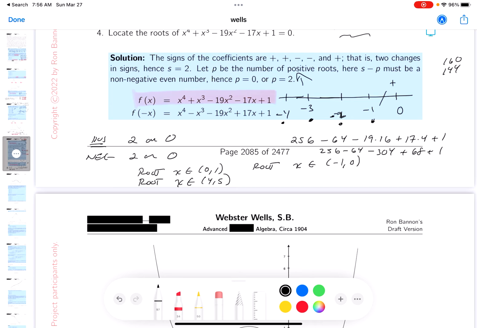All right, let's go to minus 5. Get my eraser out. And again, it's going to reverse directions at some point. 625 minus 125. Let's see, minus 19 times 25. And then you're going to get 17 times 5 plus 1.